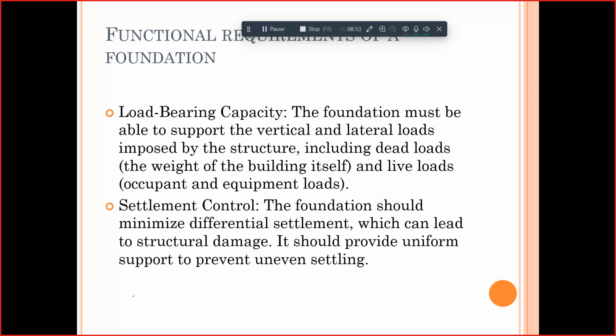When we come to settlement control, the foundation should minimize differential settlements which can lead to structural damage. It should provide uniform support to prevent uneven settling. Okay, the foundation should be able to control the settlement from both sides, maybe your structure from one corner to another. The foundation should be able to hold the forces to avoid settlement.